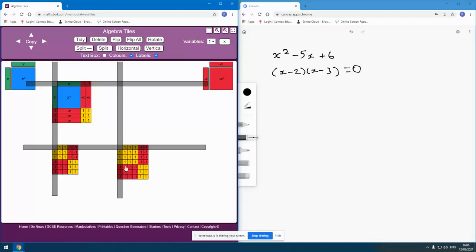What's worth doing with something like this is looking at some other values for x and showing that you don't get the same thing here. So if I took a value of x to be 4, then of course I'm just going to have a 4 square there.